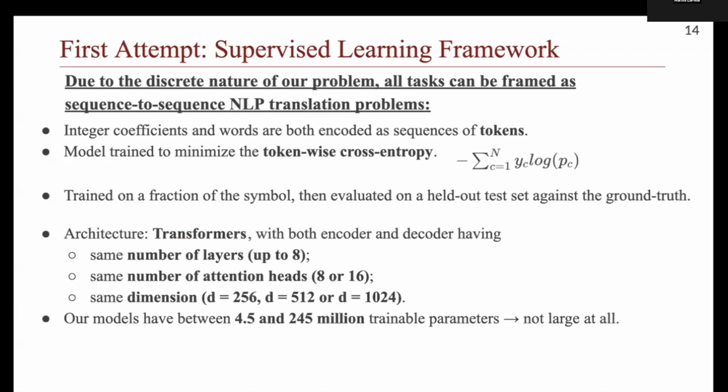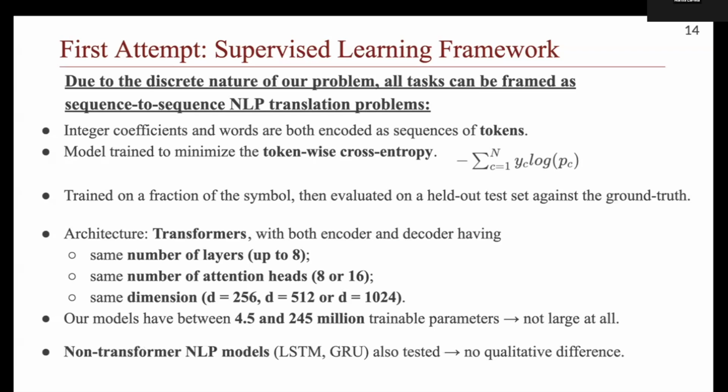The particular architecture we tried in our first paper is a transformer, and these are the details of the transformer. Indeed, our transformer is very small compared to the industry transformers, which have trillions of parameters. But what I want to stress here is that the result we have is not limited to transformers.